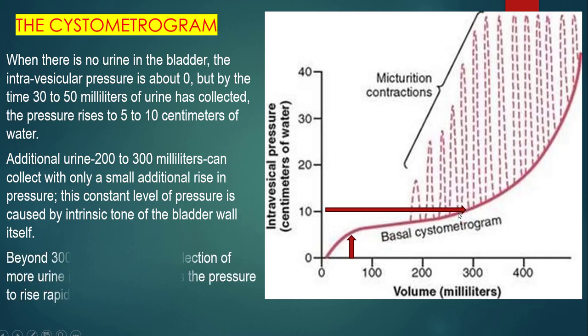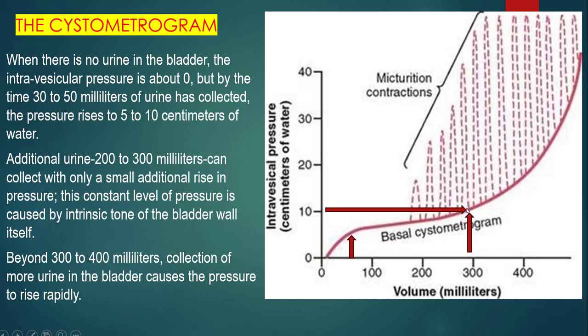This constant level of pressure is caused by the intrinsic tone of the bladder wall itself. From 50 to 300 ml of urine, there is no change or very small change in the intravesical pressure. You can see that the pressure at 50 ml is 5 to 10, and also at 300 ml it is 10 centimeters of water.